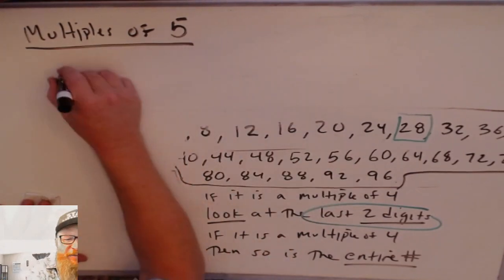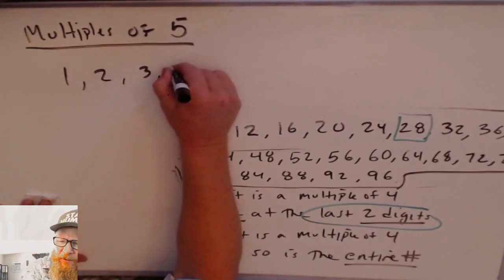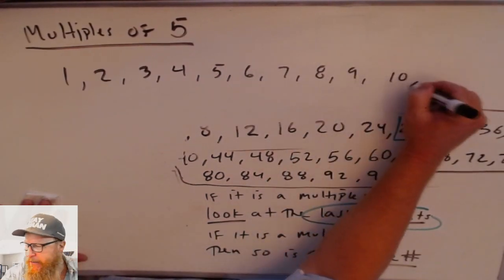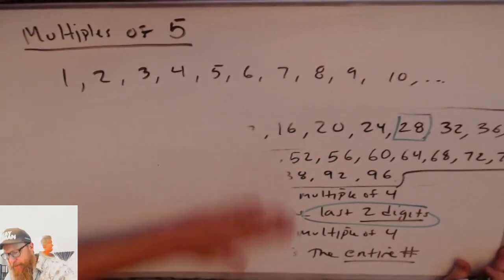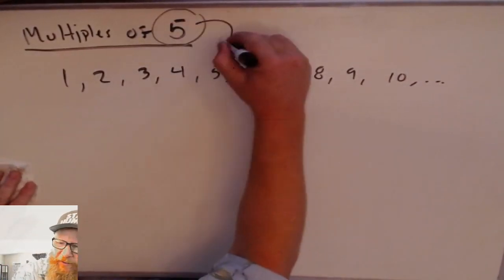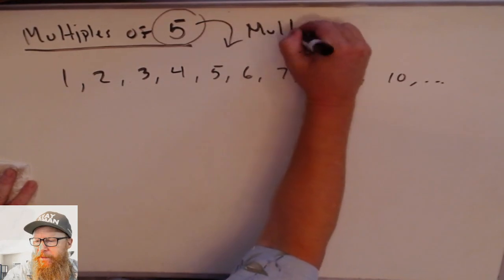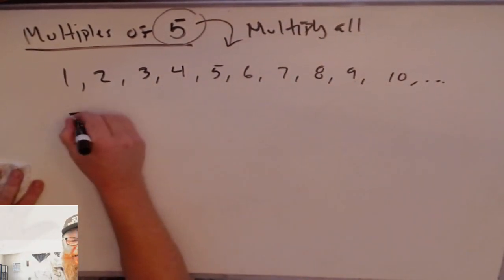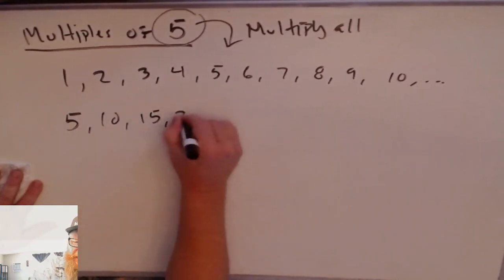So how about this? Multiples of 5. Again, we take the natural numbers, 1, 2, 3, 4, 5, 6, 7, 8, 9, 10, etc., and multiply them all by 5. All right, so what are we going to get? 5, 10, 15, 20, 25, 30.